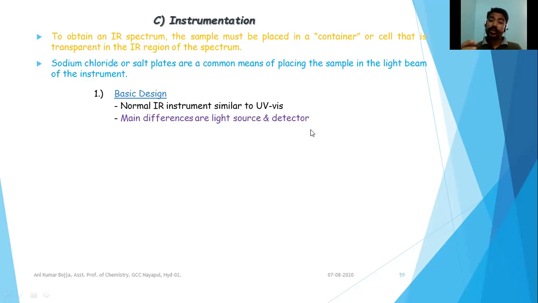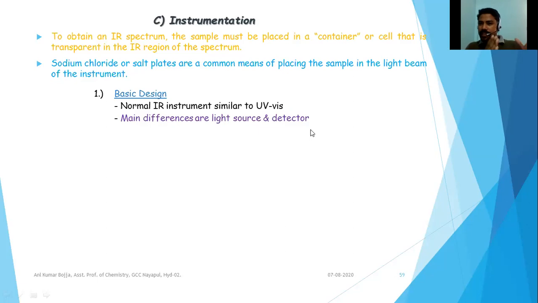Similarly for rotational changes, and for electron transition between the ground bonding molecular orbital and the anti-bonding molecular orbital, the energy required is more, so the detector is not required to have that much sensitivity.